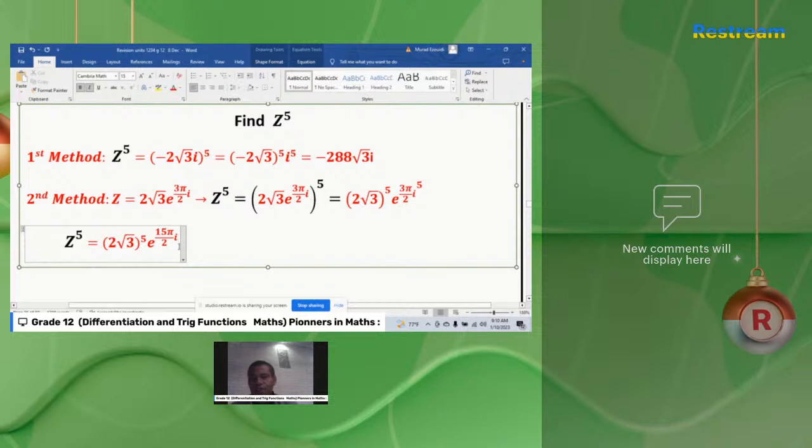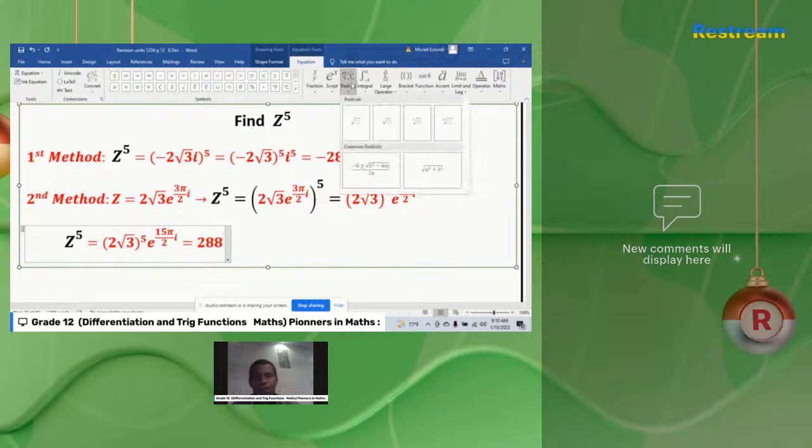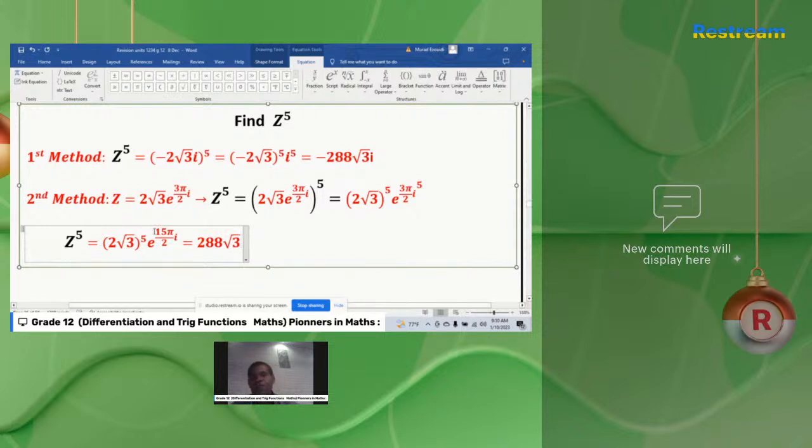Now, learners, this one will give me exactly 288 root of 3, multiplied by exponential of 15 pi over 2. And this one, let's say you turn the unit circle, the whole circle, 15 times, the number is odd.